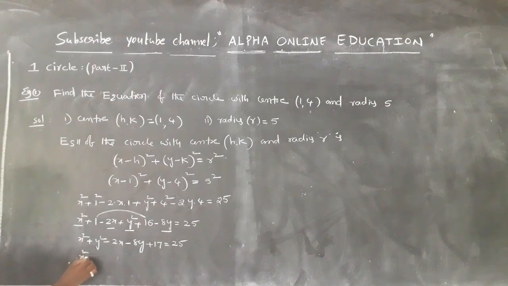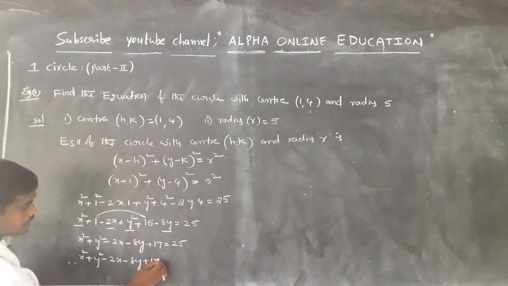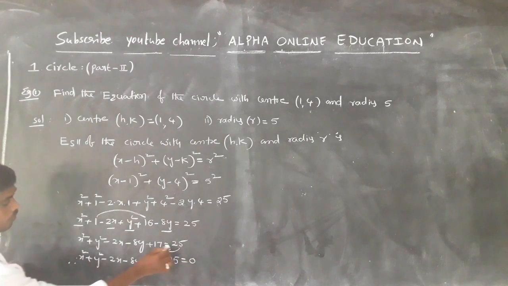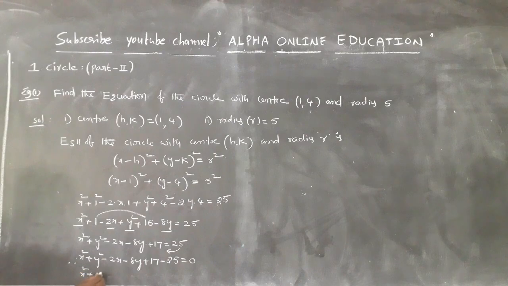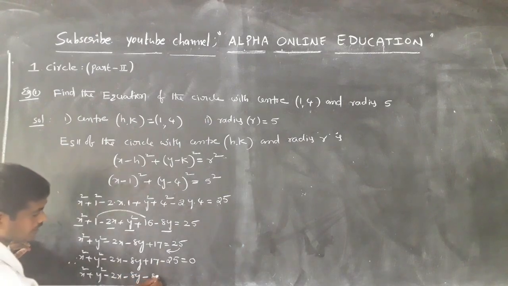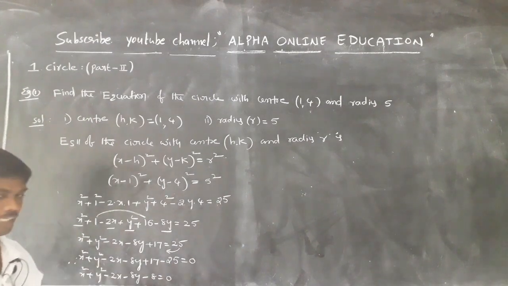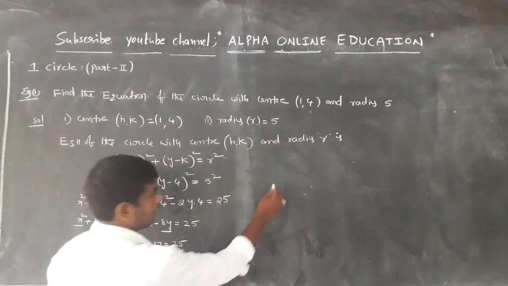Again x square plus y square minus 2x minus 8y plus 17, taking 25 left side, minus 25 is equal to 0. Again write down x square plus y square minus 2x minus 8y plus 17 minus 25, minus 8 is equal to 0, which is the required equation of the circle.